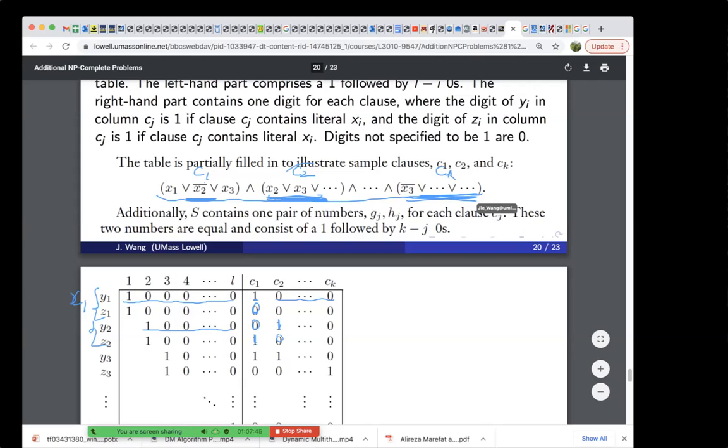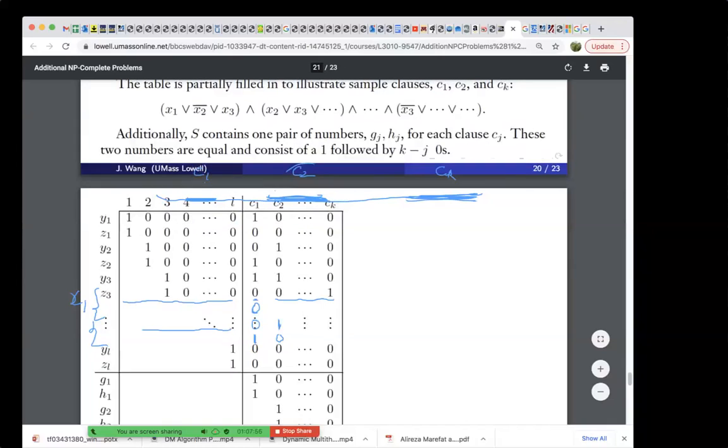So we know X3 bar is in CK. That means then, right here. So that means then this is in 3. Oh, so we didn't have 3 here, right?